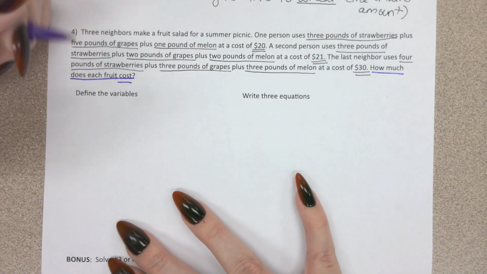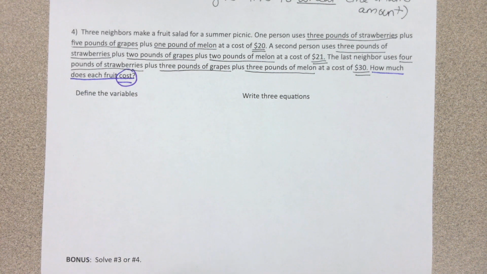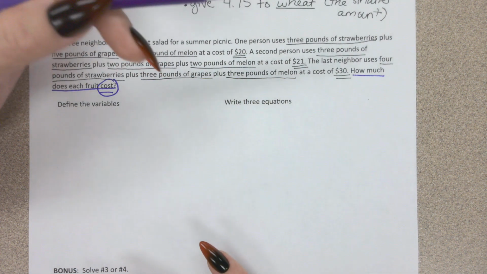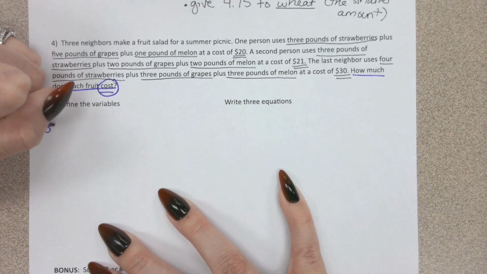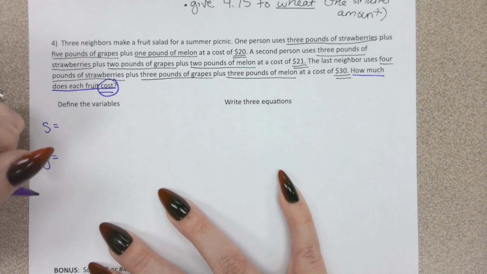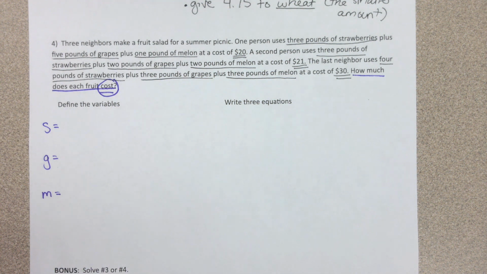So we're clearly looking for the cost of each fruit. So it says it clear as day what is missing. So let's first just pick our letters. This problem is about strawberries, grapes, and melon. So we're going to use S, G, and M. And we need to figure out the cost of these fruits.